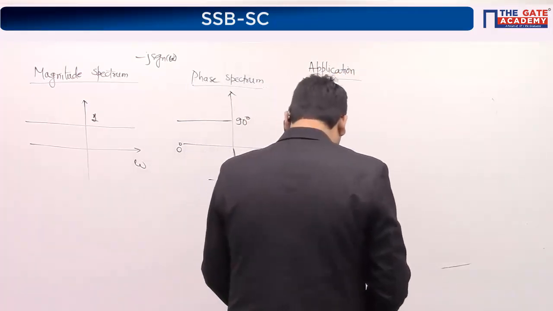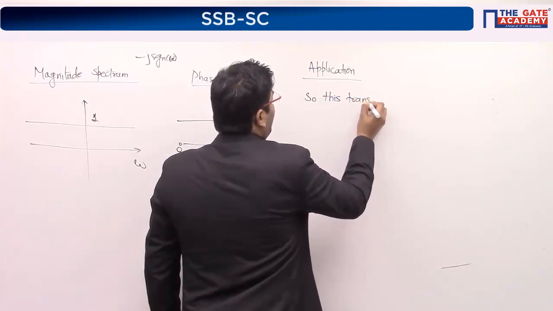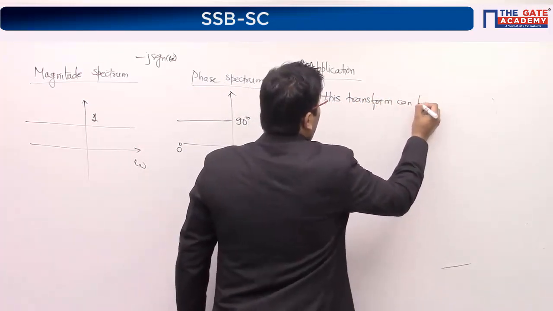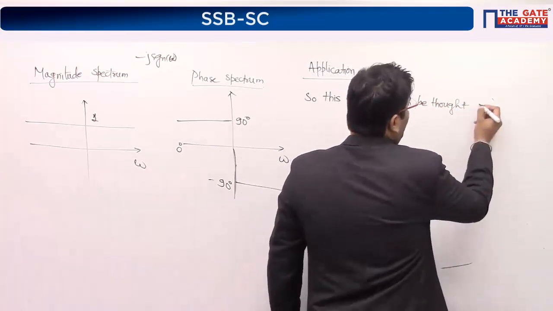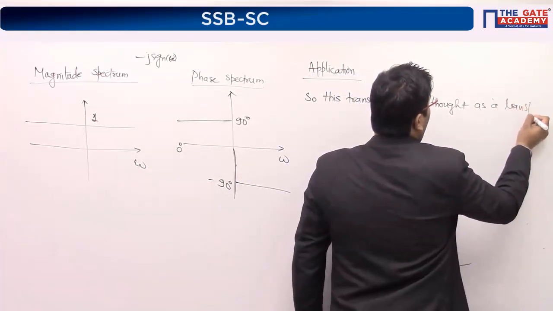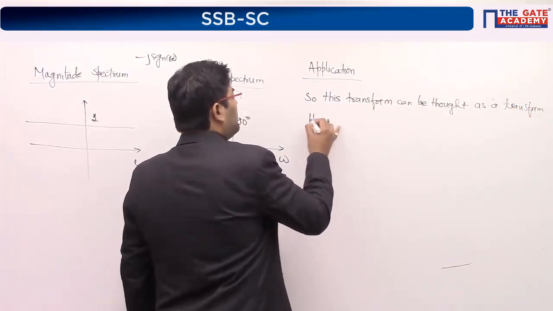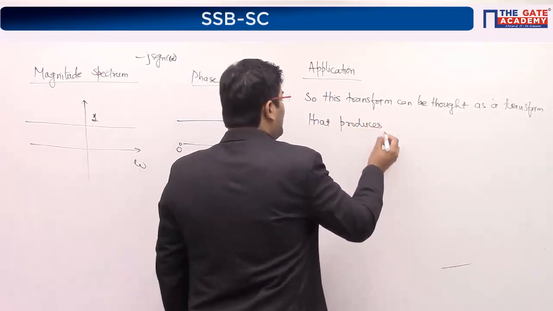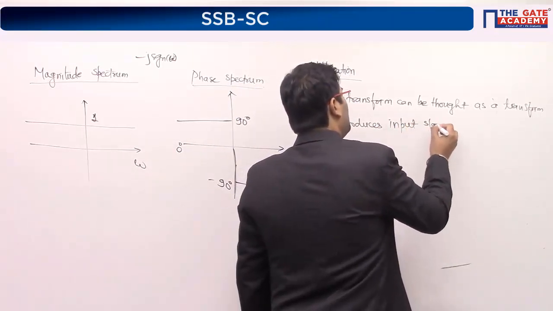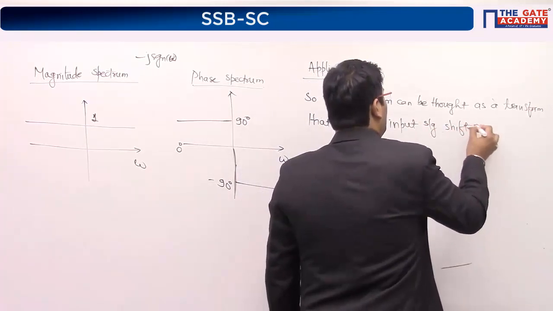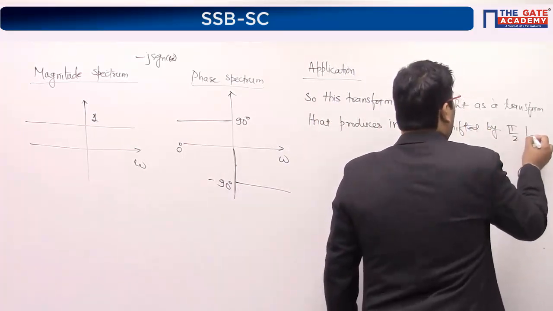So what is the application, guys? This transform can be thought of as a transform that produces the input signal shifted by pi by 2 to the right side.